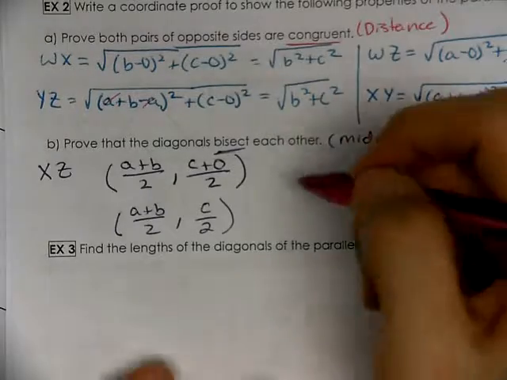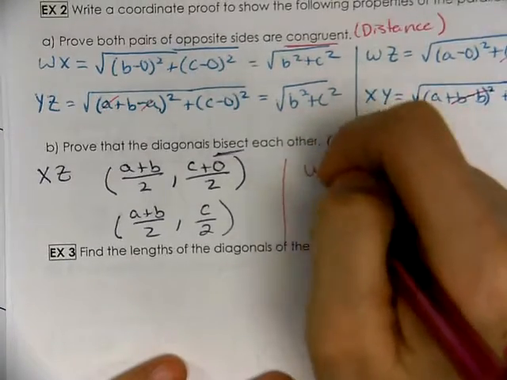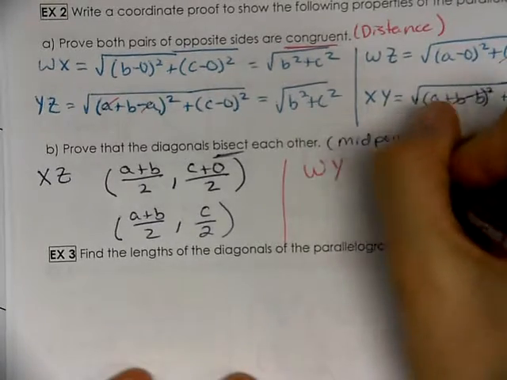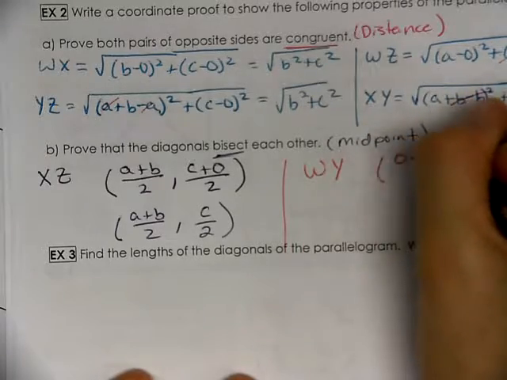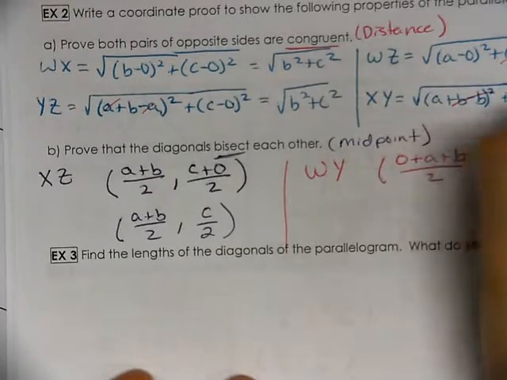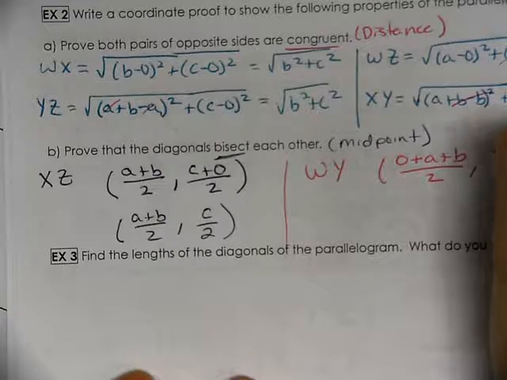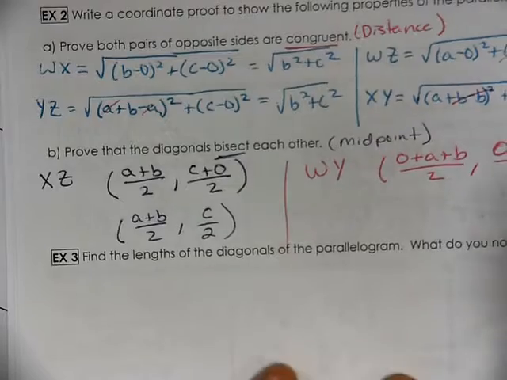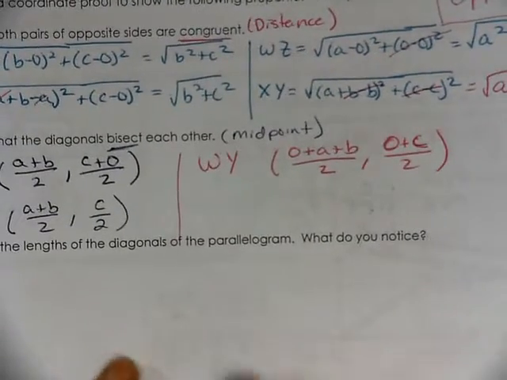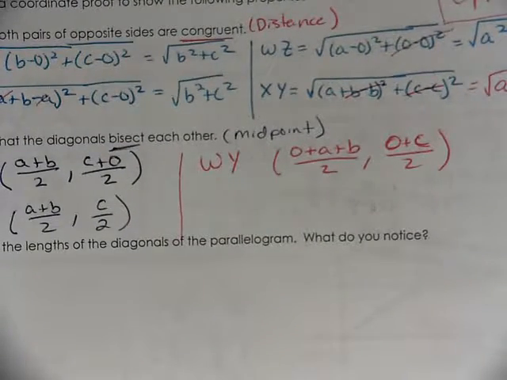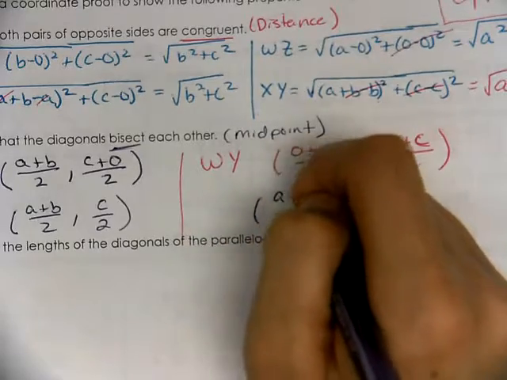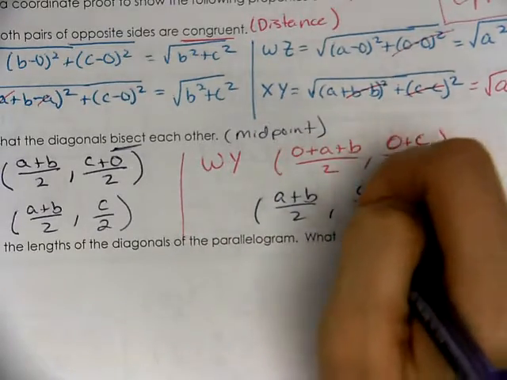So that was X to Z. Now let's check W to Y, the midpoint. 0 plus A plus B divided by 2, comma 0 plus C divided by 2. Do I end up with the same point? Because the zeros cancel. So A plus B divided by 2, C divided by 2.